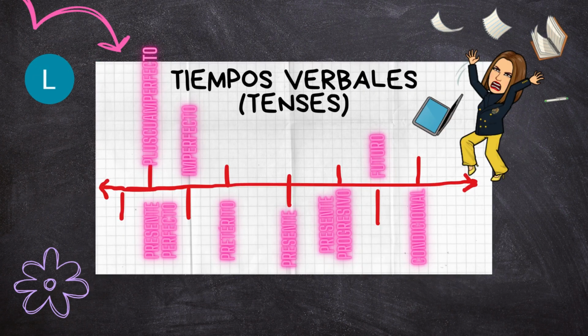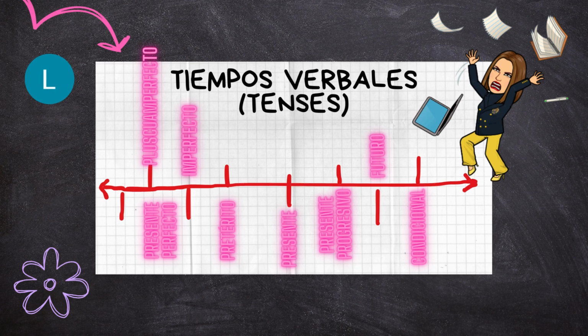Okay, so we've made it to the last part of the video. Tiempos verbales. We call those tenses. Presente, presente progresivo, futuro, condicional, pretérito, imperfecto, pluscuamperfecto, presente perfecto, and you're like, what is all that? It's some, not all, I know, of the tenses that we have.